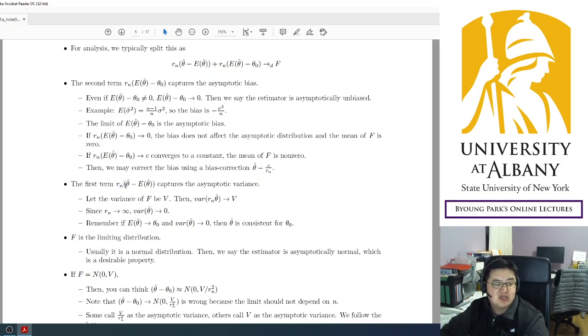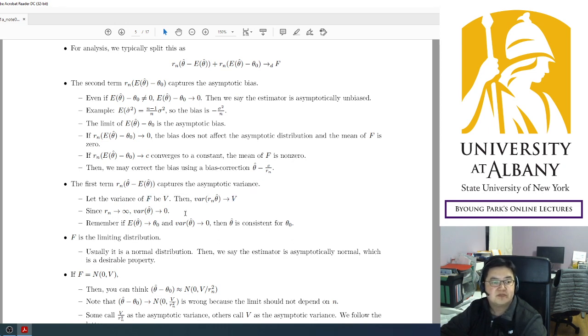By the way, as you can see, its expectation is always zero. So it governs the variance only, and its variance is the variance of the limiting distribution. So the variance of this term will be the variance of the limiting distribution.